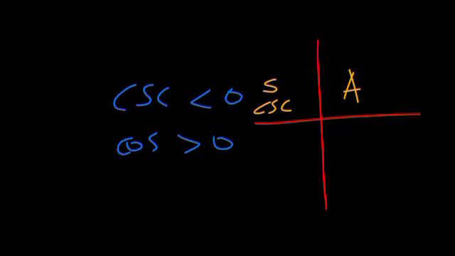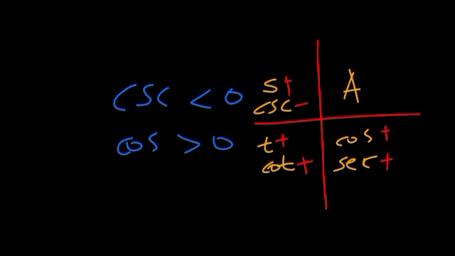In the third quadrant, we know that tan is positive, and the reciprocal of tan, which is cot theta. In the fourth quadrant, we know that cos theta is positive, and the reciprocal of cos theta, which is sec theta, is positive. And in the first quadrant, all are positive.